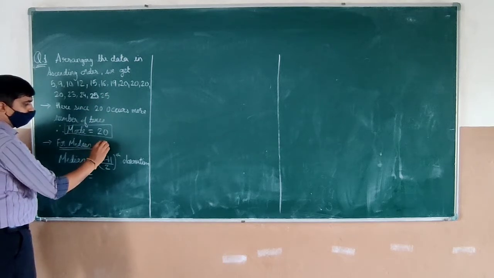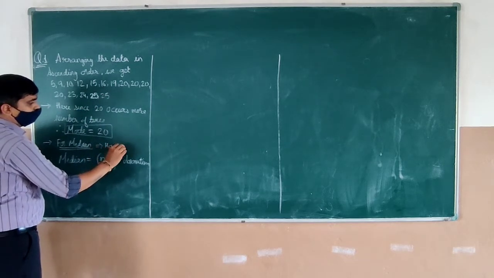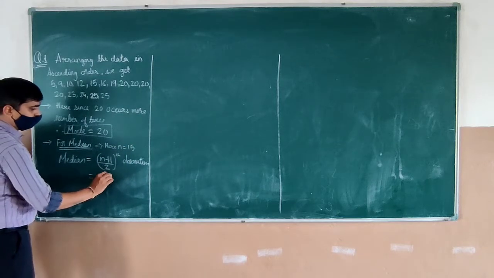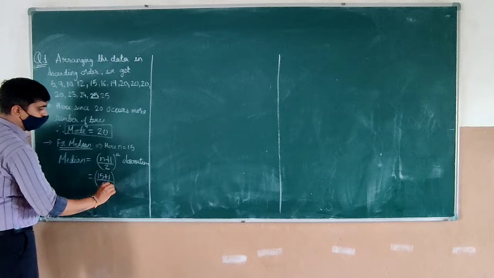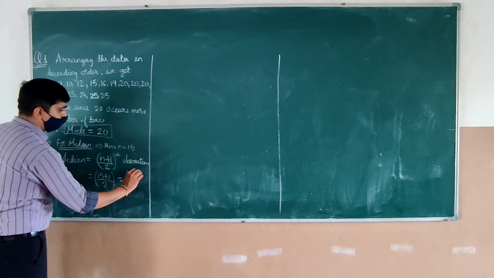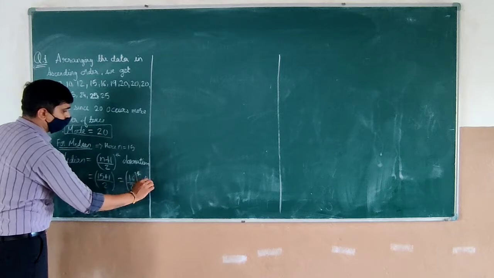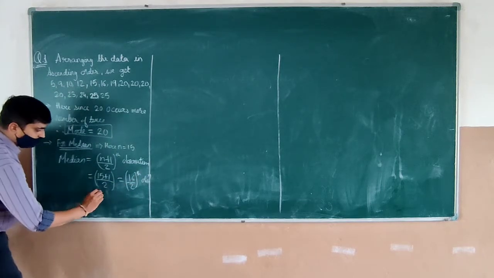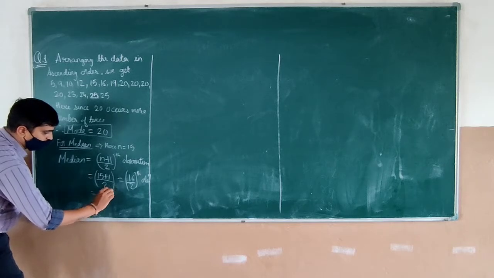So we will write here n is equal to 15. Therefore 15 plus 1 divided by 2. 15 plus 1 is 16, divided by 2, so 16 divided by 2 is the 8th observation.